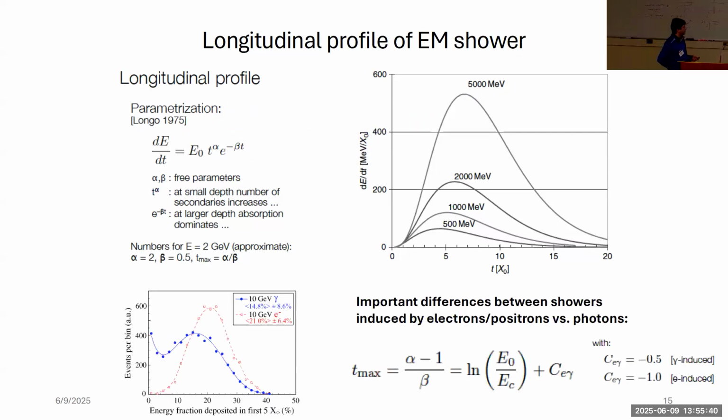One important difference, in practical terms, is that there's a difference between showers induced by charged particles, electrons and positrons, versus showers induced by photons.